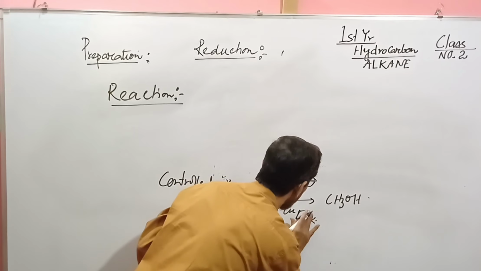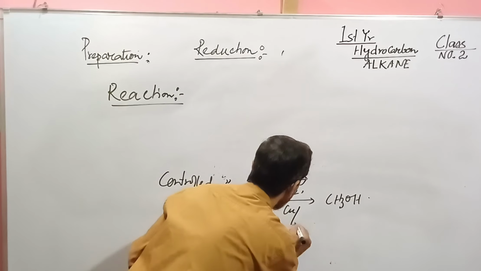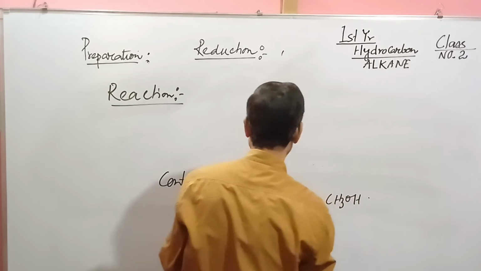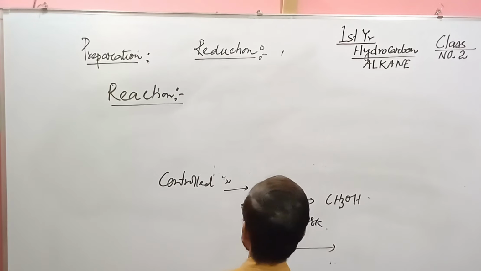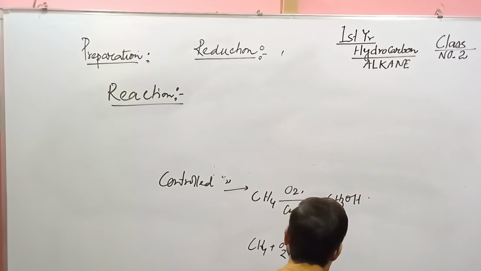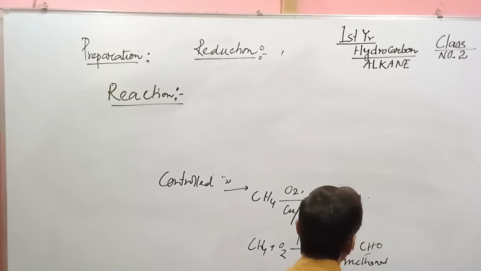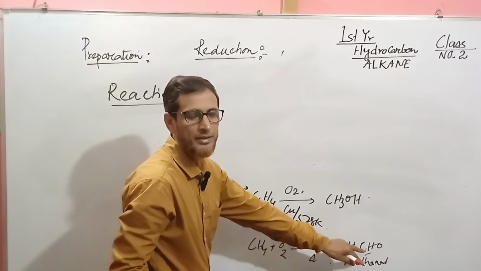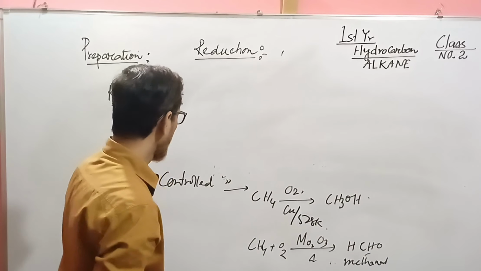It is copper at about 528 Kelvin, giving methanol. Again another reaction: CH4, if you make controlled combustion with molybdenum oxide and heat, you will get HCHO. It is methanol or formaldehyde. The common name is formaldehyde.